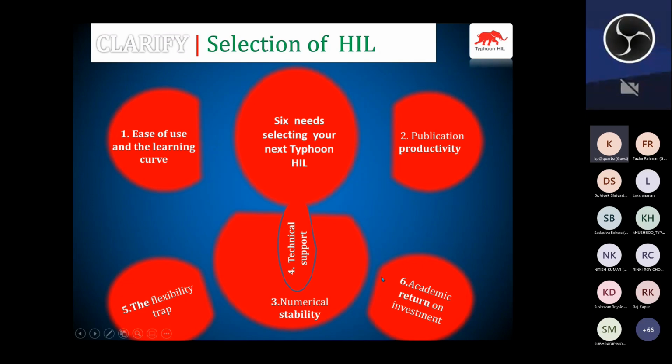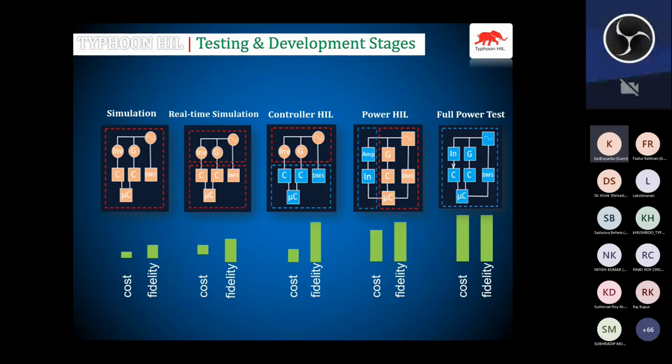With your paper going to be published, or your work going to be patented, or how it is going to reward you. This again helps you define the selection of a hardware-in-the-loop device, whatever platform you feel is easy, you can opt for it. So these are the few things you can keep in mind while selecting.